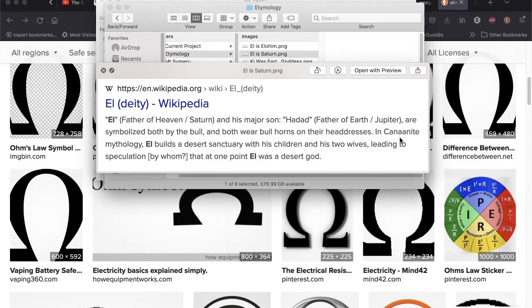This is in Canaanite mythology. El builds a desert sanctuary with his children and his two wives, leading to speculation that at one point El was a desert god. Can you believe this? Okay, desert god, but El is not just a god, it's Saturn.